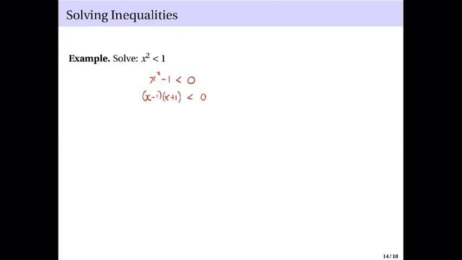Now, remember this property. AB less than 0. So if AB less than 0, then A and B have different signs. Okay?